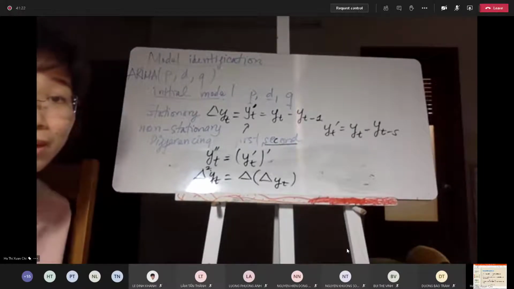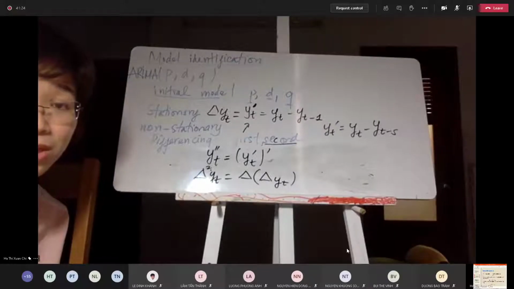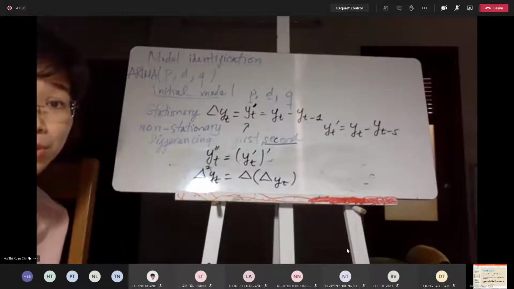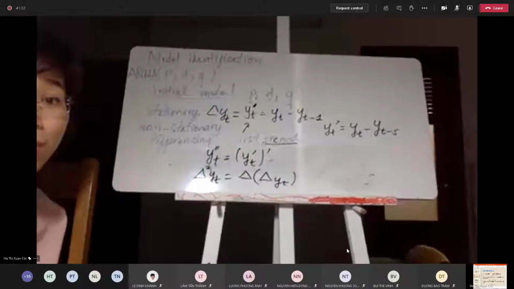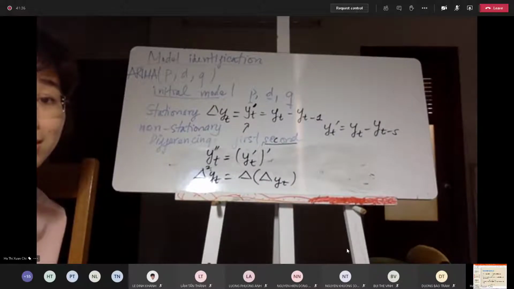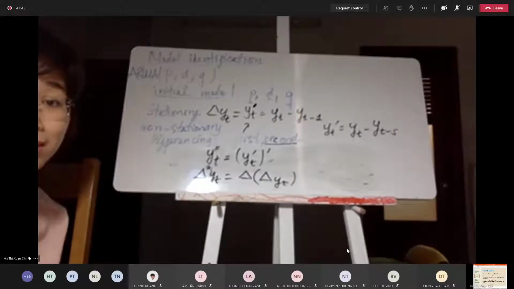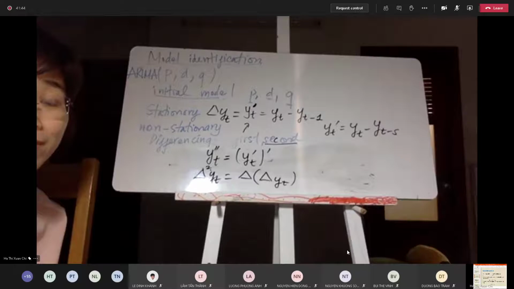If you look at the backshift notation in the slide, you can see the backward shift operator B is defined by B yt equal to yt minus 1. If it is two periods, you can see the first period, then the second period.